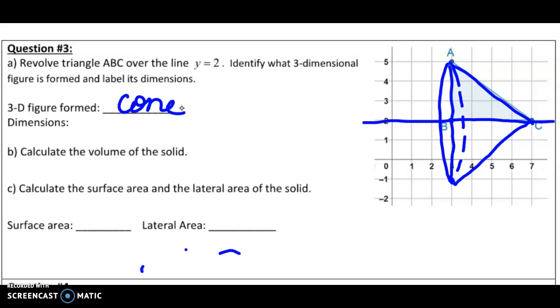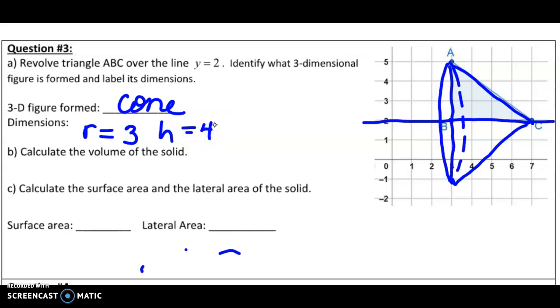To calculate the volume of this cone, we first have to find the dimensions. If we're at the center and count out to the base, the radius is 3. The height, center up to the top, 1, 2, 3, 4.